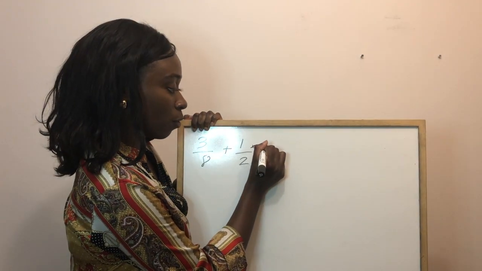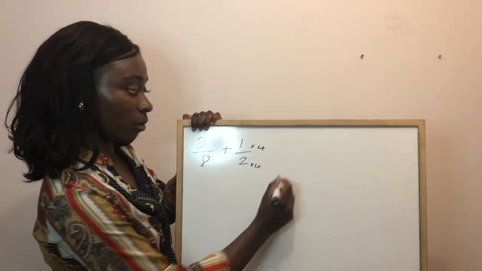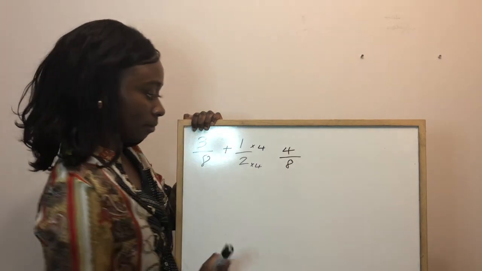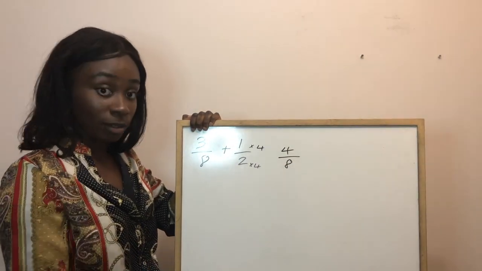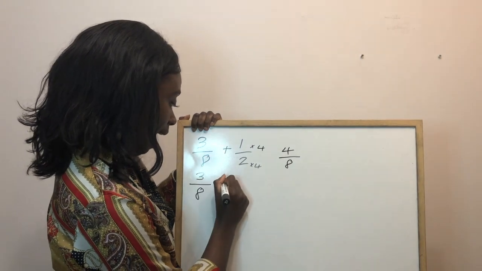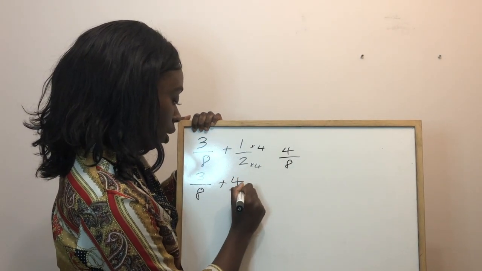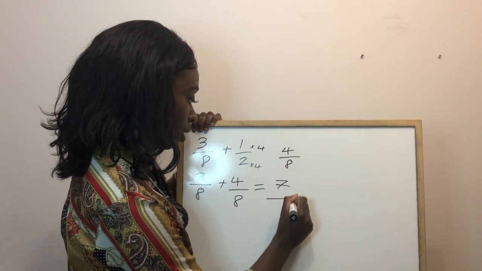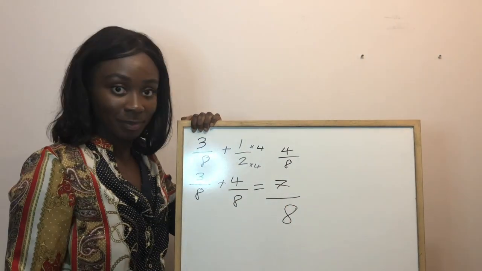So times by 4. So this fraction is going to be 4 over 8. So now we can proceed to add them because they have the same denominator. So we've got 3 over 8, add 4 over 8, and this equals 7 over 8.